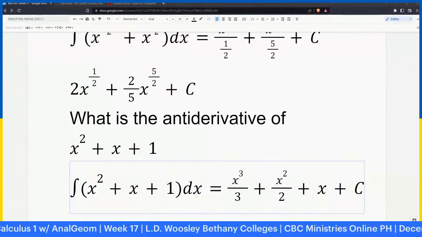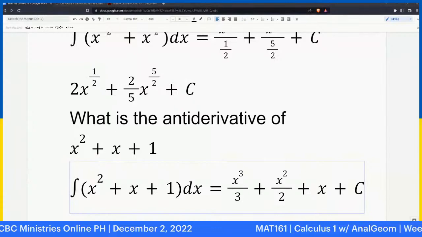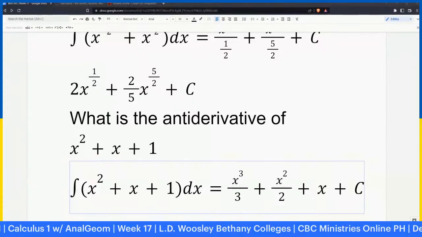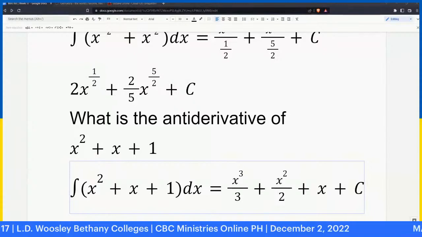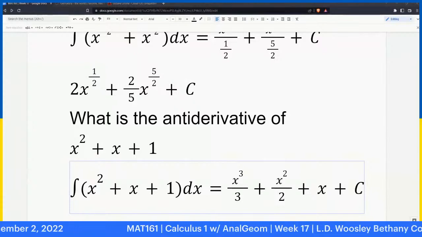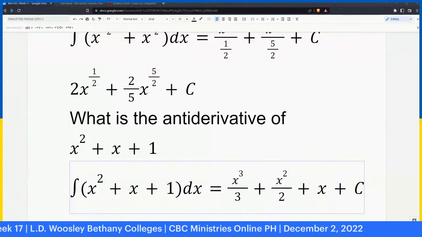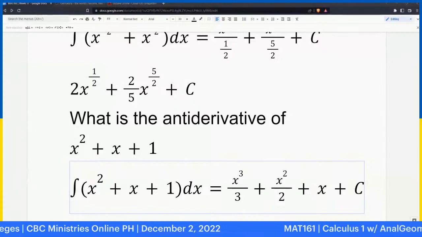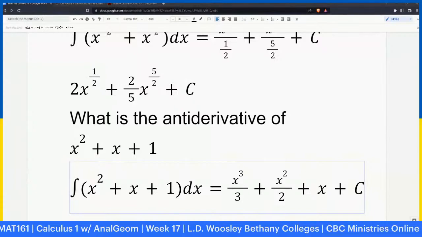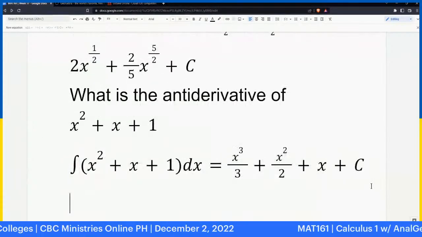Okay, for a while lang. Okay, another problem. Nakabalik yung dalawa.